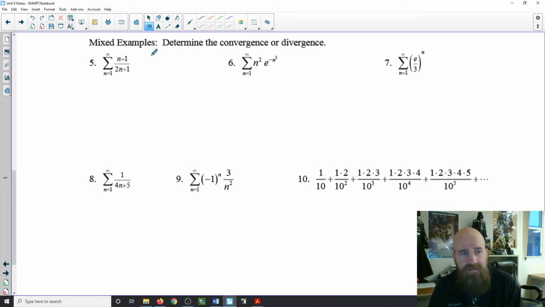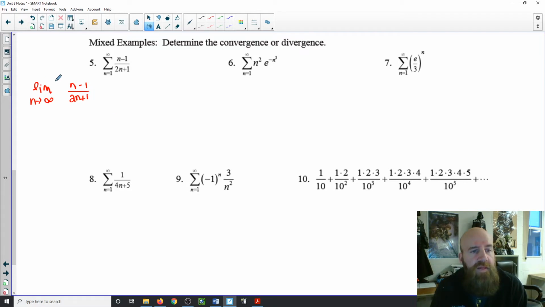Alright, so number 5, we're going to do the nth term test. The nth term test means I'm taking the limit as n approaches infinity of the series, which is n minus 1 over 2n plus 1.